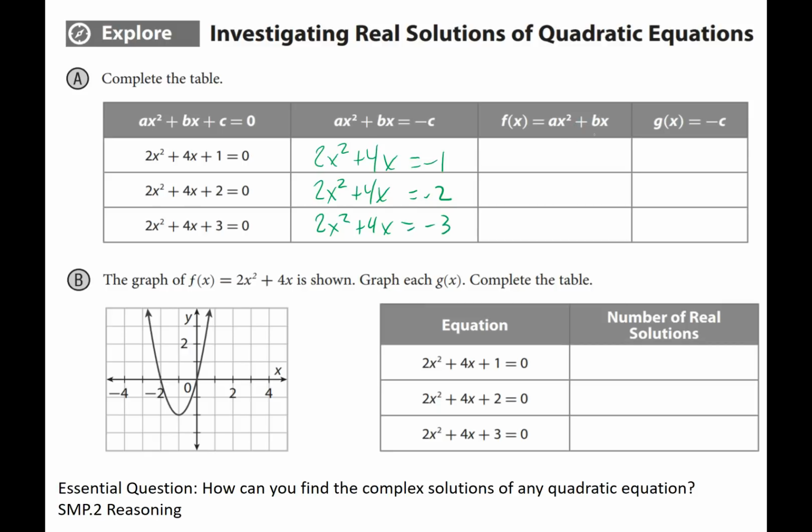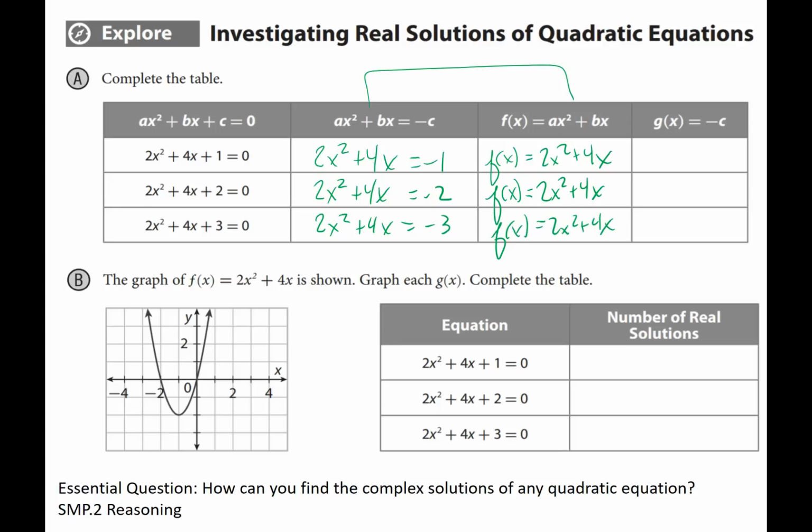Then what they want us to do is set the left side of the equation, because these two things are equivalent, equal to f of x. So basically the left side is a function. f of x equals 2x squared plus 4x, in all three cases.